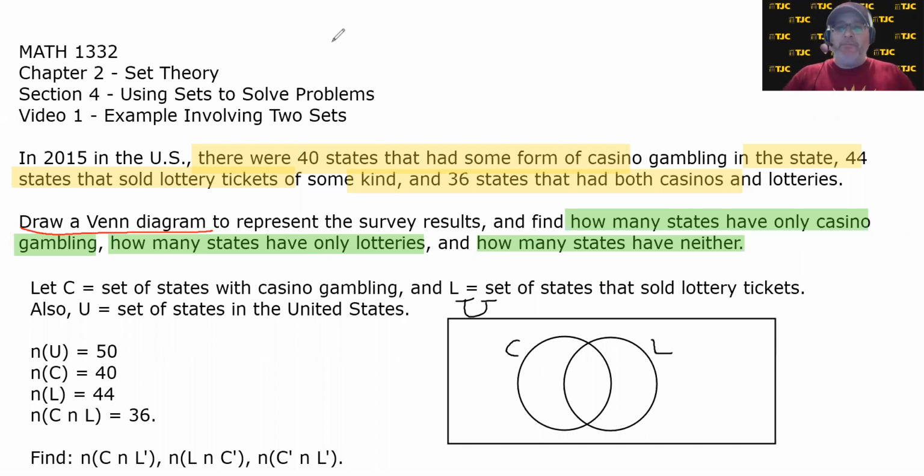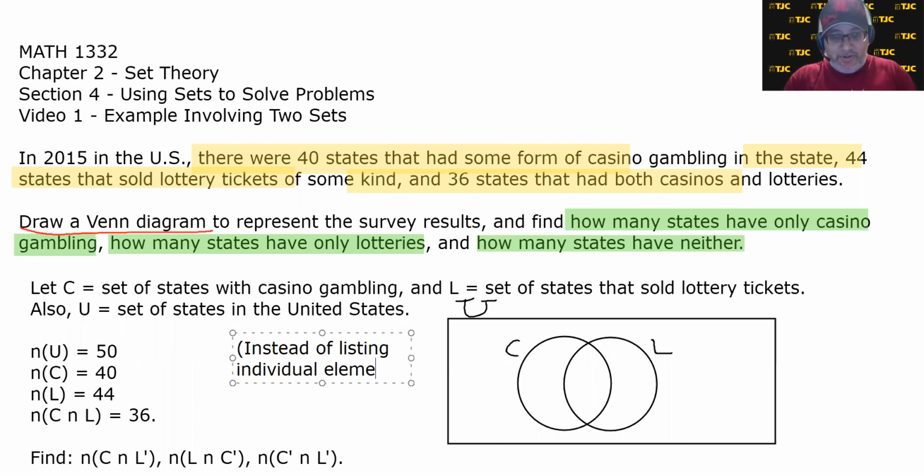Now, normally when we write things in a Venn diagram, the things we write are actually elements, but you can modify a Venn diagram. So instead of listing individual elements in the Venn diagram, I'm going to take the font size down.